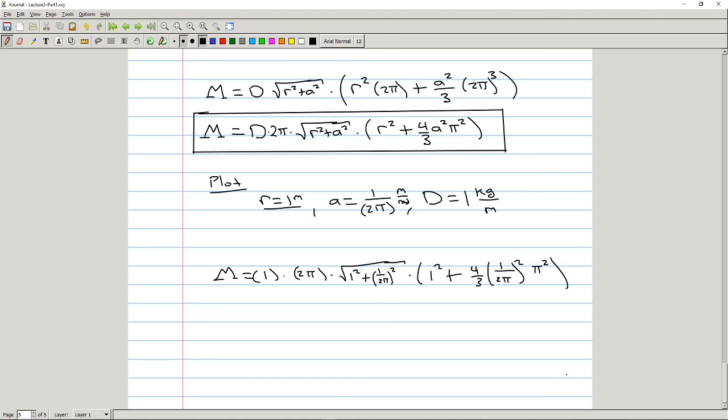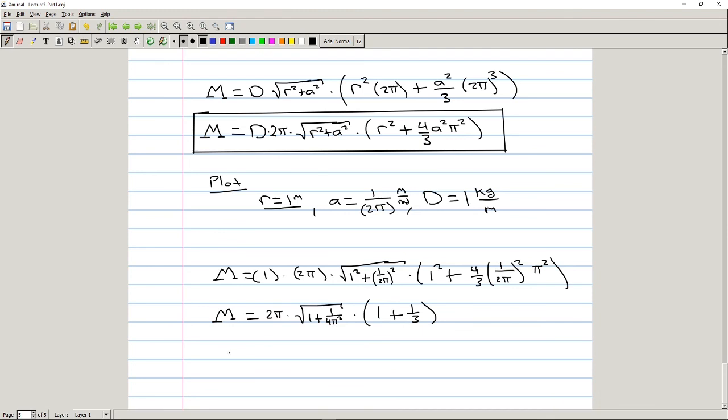You get a super nice simplification. This is going to be 2 pi times the square root of 1 plus 1 over 4 pi squared times 1. And you have here 4 over 2 squared, which is 1. You have pi squared over pi squared, which is also 1. So this is just 1/3.